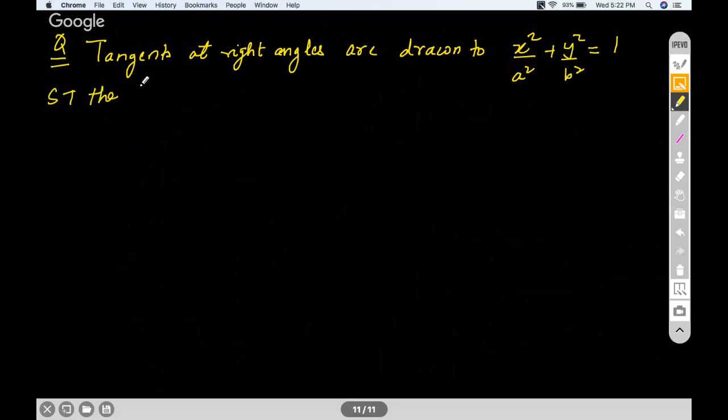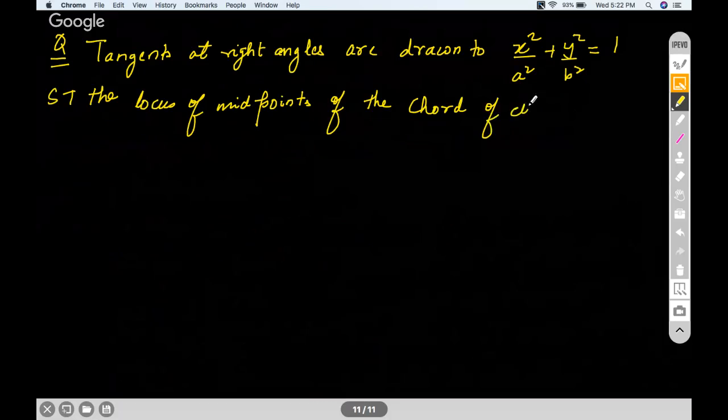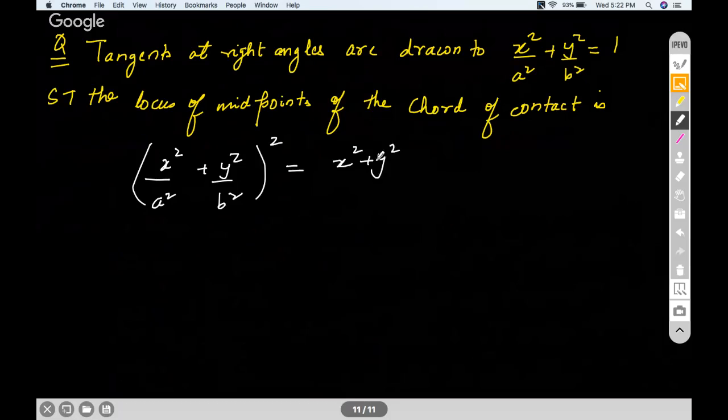Show that the locus of the midpoint of the chord of contact is the curve x square by a square plus y square by b square whole square equal to x square plus y square divided by a square plus b square.